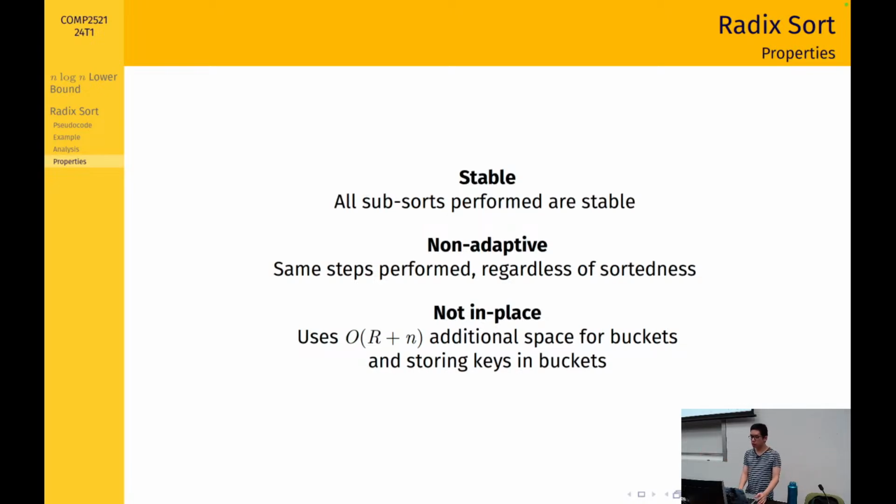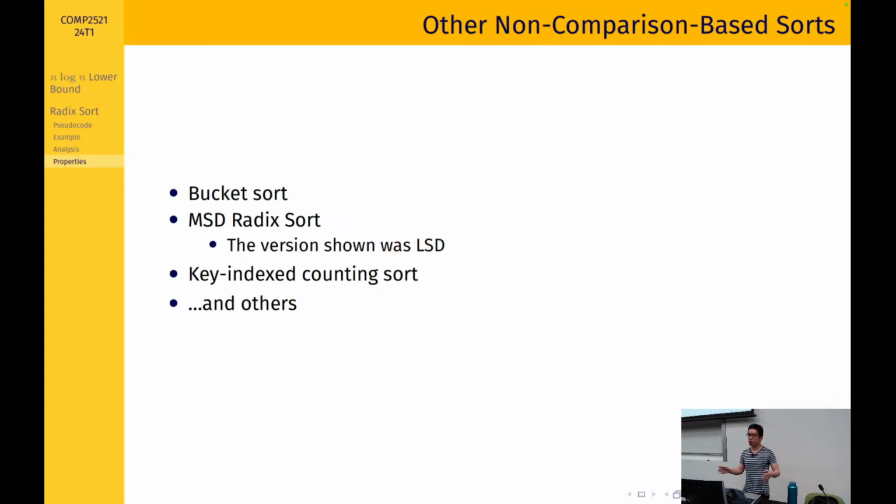Okay, and that is radix sort. Now, there are many other non-comparison based sorts out there, but radix sort is the one that we'll just be looking at. So there are sorts like bucket sort. There is also a different kind of radix sort, MSD, where MSD stands for most significant digit.